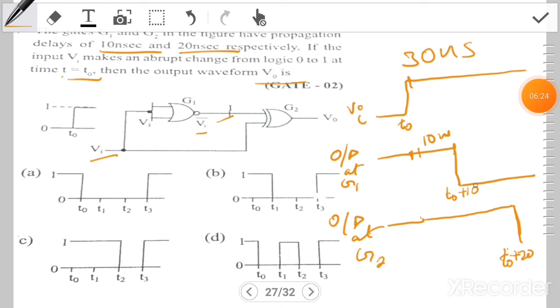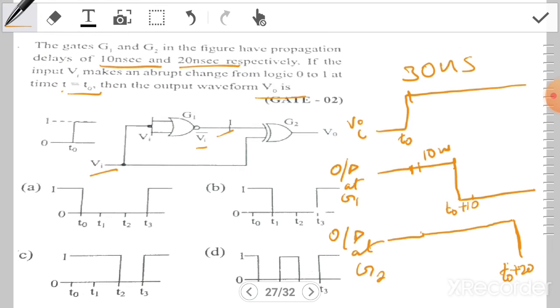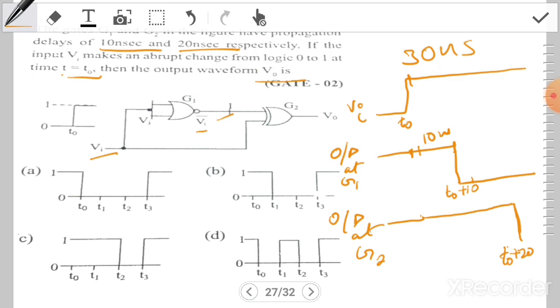Then again, after T0 plus 10 nanoseconds there is a change in the output at G1, Vi is 1, and the output at G1 is 0.